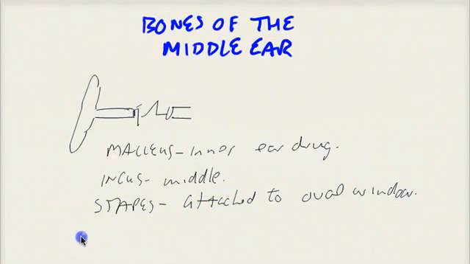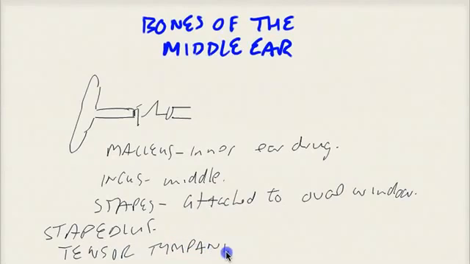Now, there are two important muscles we need to know as they relate to these bones: the stapedius muscle as well as the tensor tympani. The stapedius muscle connects to the stapes, and that's controlled by cranial nerve 7.